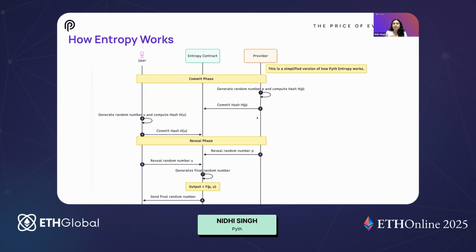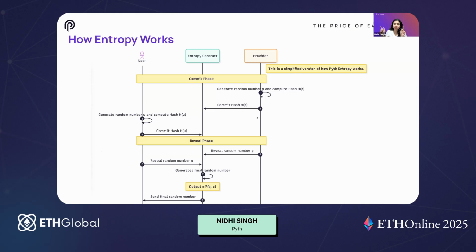Now, in the second phase, which is the reveal phase, one of the parties reveals their random number, and the other party can verify it through the hash. Let's say the user reveals the random number. The provider can check: this was the hash, because it's on the blockchain, it can't be changed.